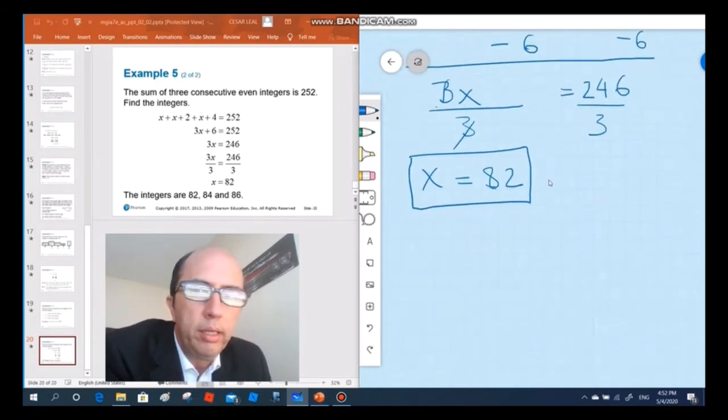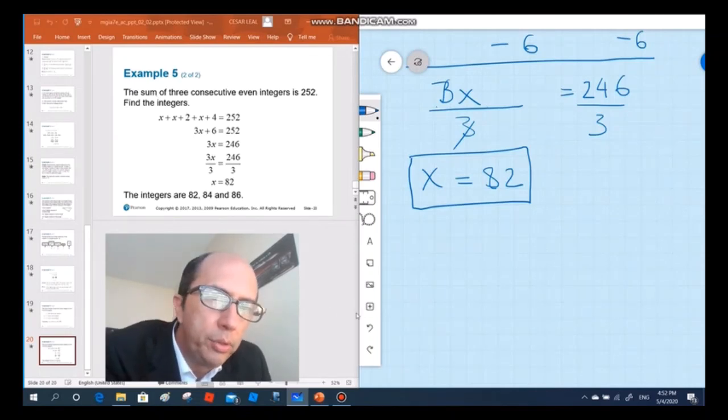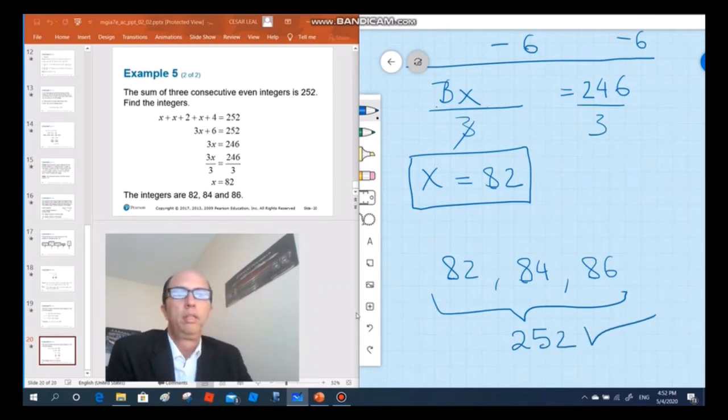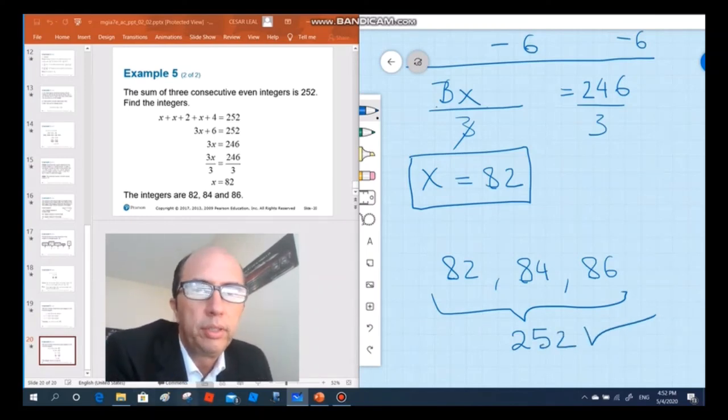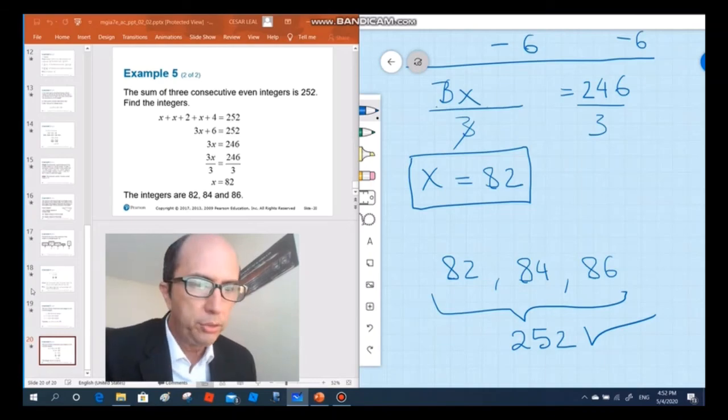And we go back to the problem. 3 consecutive integers. If x equals 82, the next consecutive even integer is 84, and the next is 86. And if you add them together, you're gonna find 252. This is true. The solution is x equals 82. And that's it for chapter 2.2.